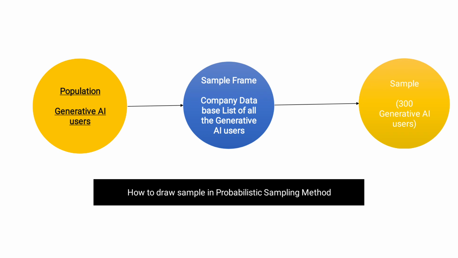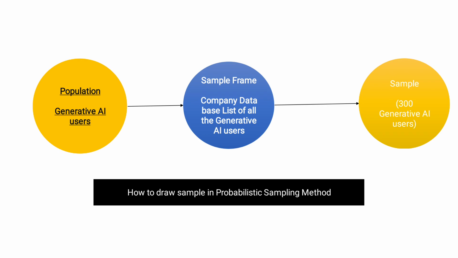The researcher is interested in whether the users' attitude towards these platforms is positive or negative. For this kind of research, the population is the generative AI users in a particular geographic area, city, or organization.